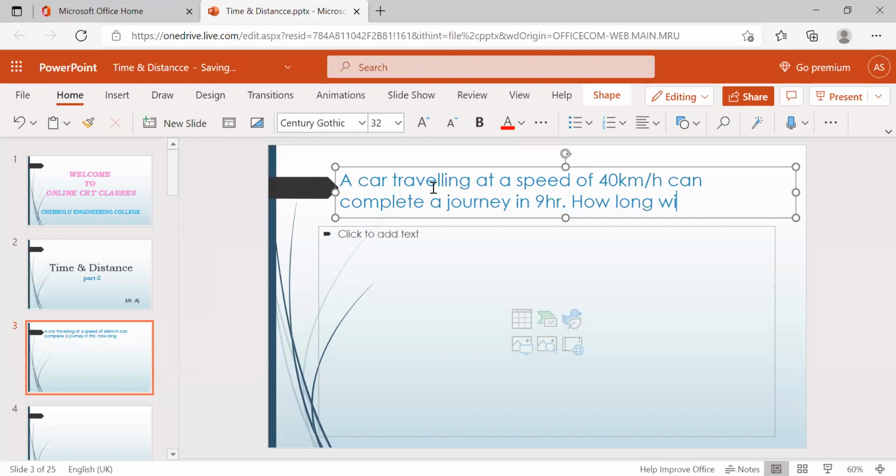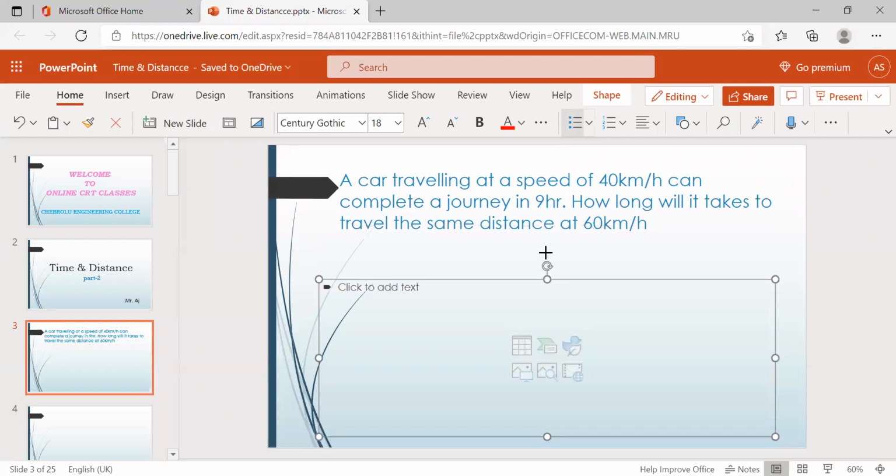How long will it take to travel the same distance at 60 kilometers per hour?